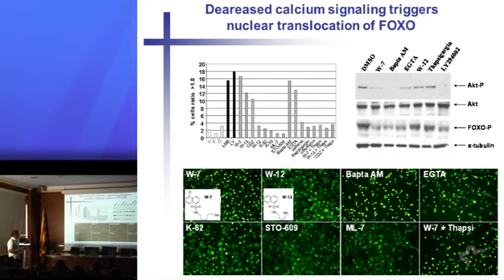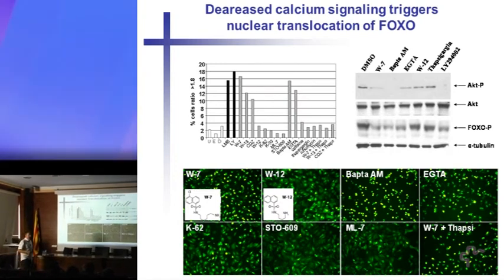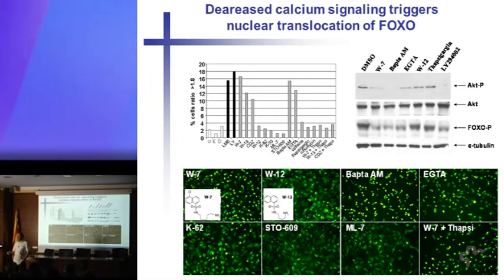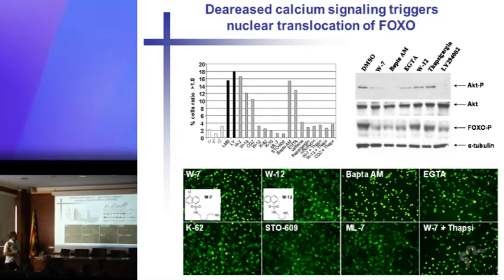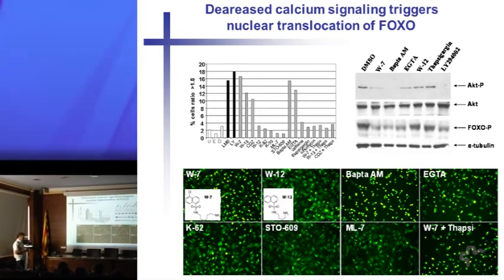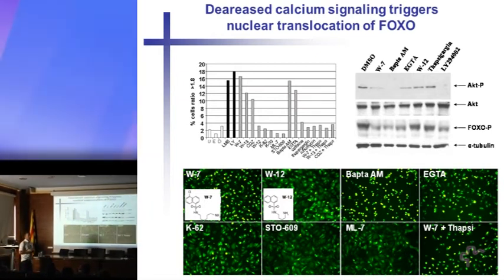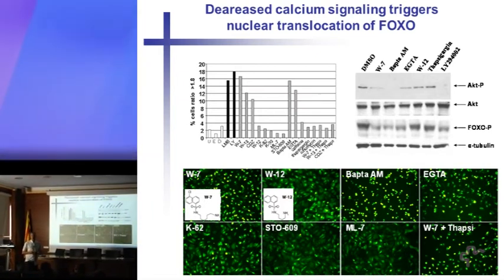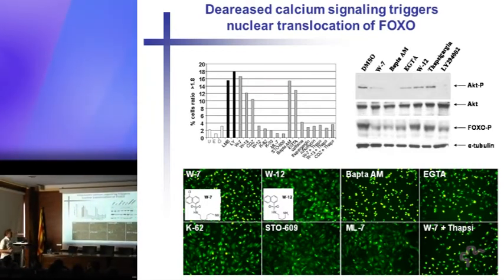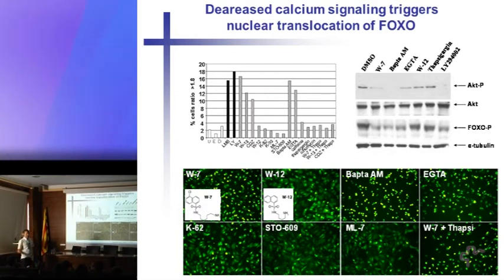However, when we looked downstream of calcium calmodulin, inhibiting all the downstream client proteins of calcium calmodulin, we were unable to reproduce the nuclear translocation effect. However, when we monitored the activity of AKT upon treatment of these active compounds, all of the active compounds had an effect on the activity of AKT.